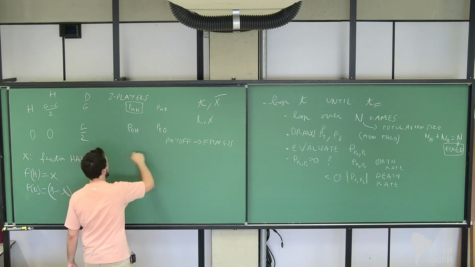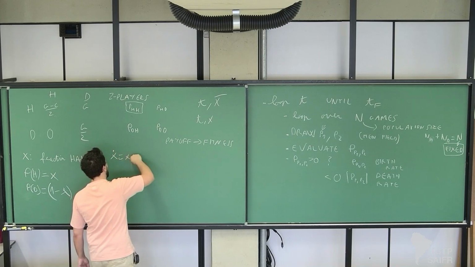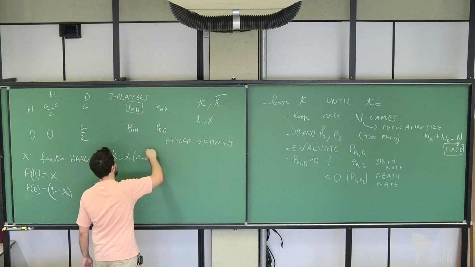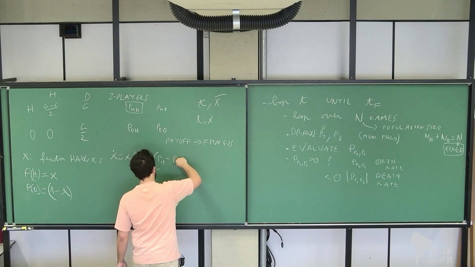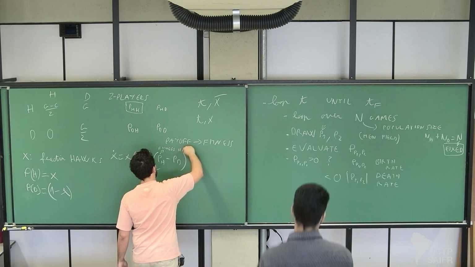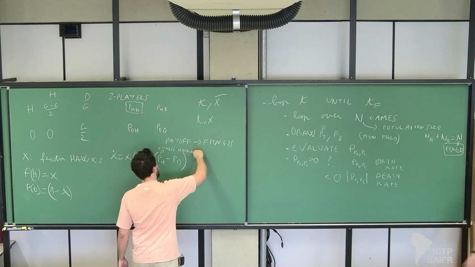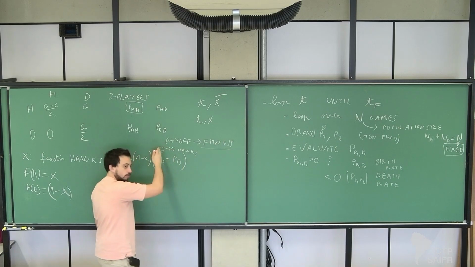So you had that x dot was equal to x times 1 minus x times, let's say, PH minus PD, okay? Where this is fitness. Therefore, if these are fitness, these are rates, okay?